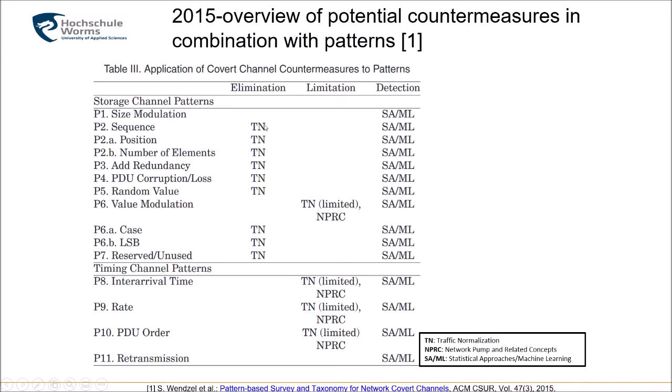Actually, as already shown in other research work, you can also perform a traffic normalization against a size modulation pattern, or at least a limitation approach here. But that's not a good approach, because it usually makes packets much larger. And with the statistical and machine learning approaches, you can try to detect them all. Note that this is the original 11 patterns, and that we have more patterns now, as I have shown in the chapter on patterns.